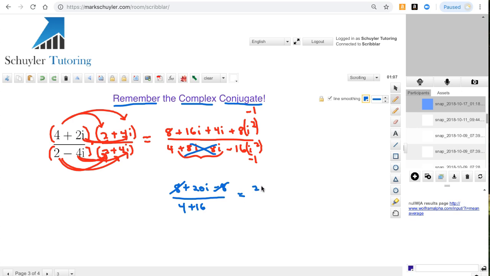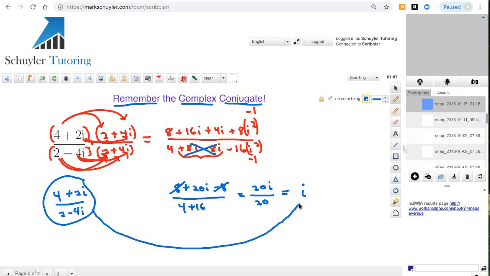So here's our last simplification steps. 20i over 20. And the two 20s divide each other out, and you're left with just i. So this initial mess, well, it looked like a mess, 4 plus 2i over 2 minus 4i, all of this is equivalent to just the imaginary unit, i.